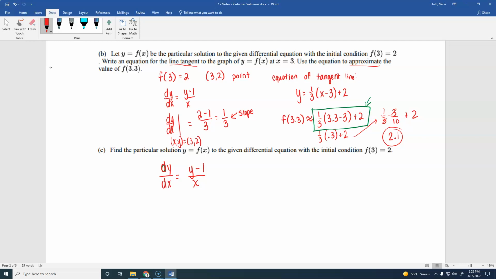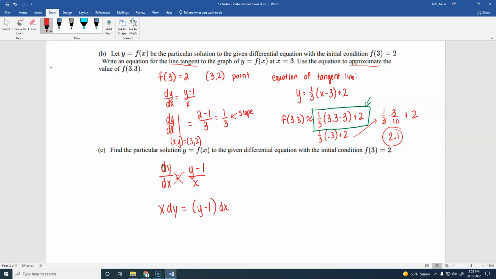So we could cross multiply if you want. That gives you x dy equals y minus 1 dx.